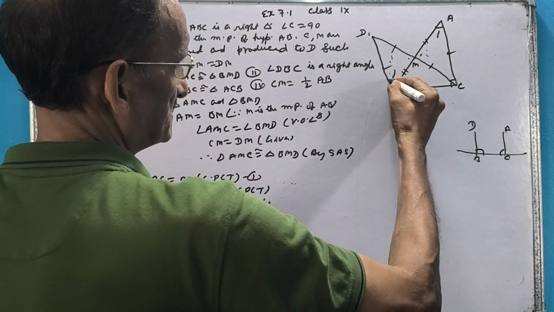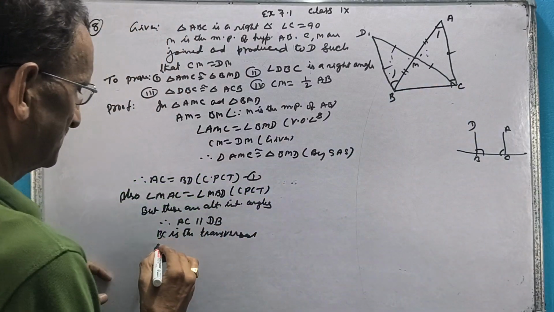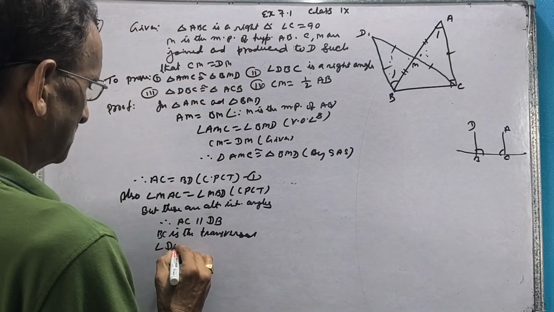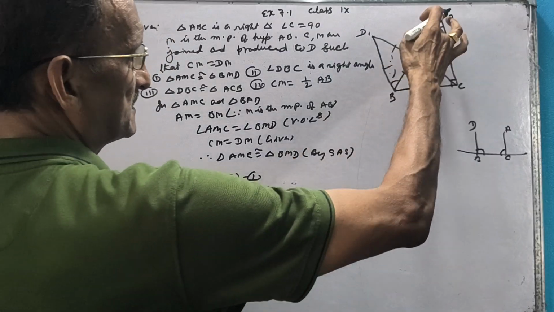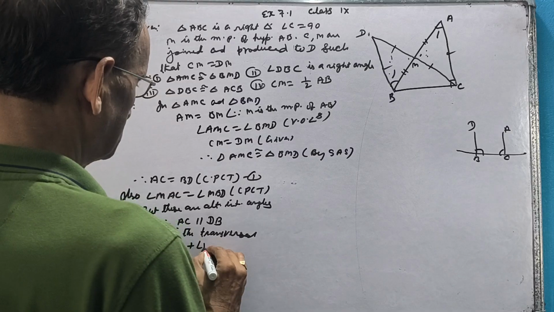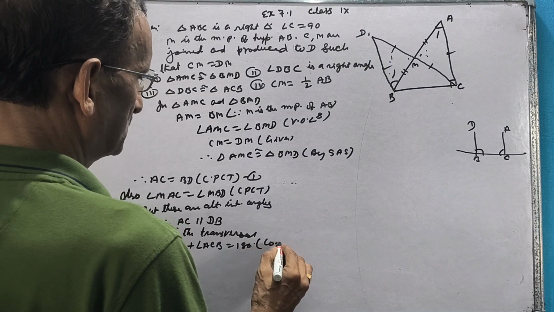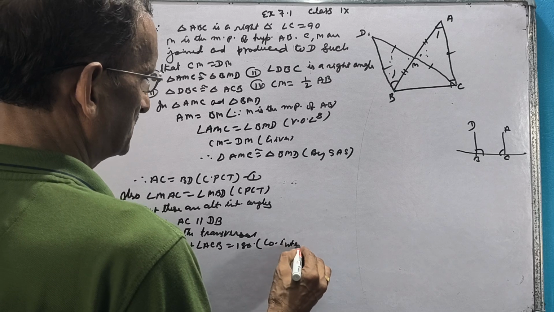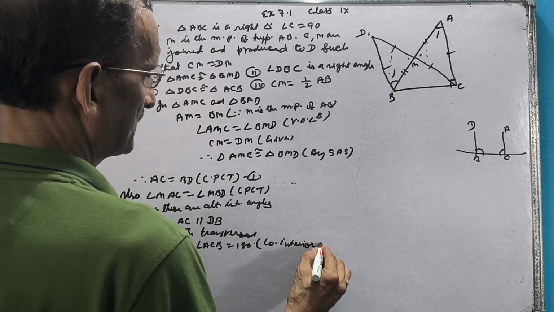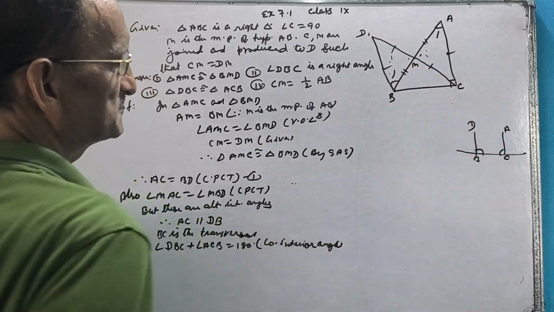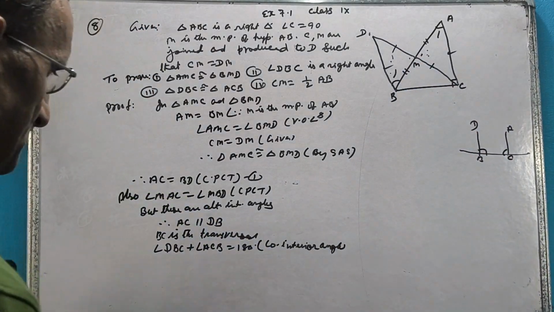Therefore, this angle and this angle are co-interior angles. Angle DBC plus angle ACB will be equal to 180 degrees. They are called co-interior angles, or angles on the same side of the transversal, and they are supplementary, meaning is the same only.